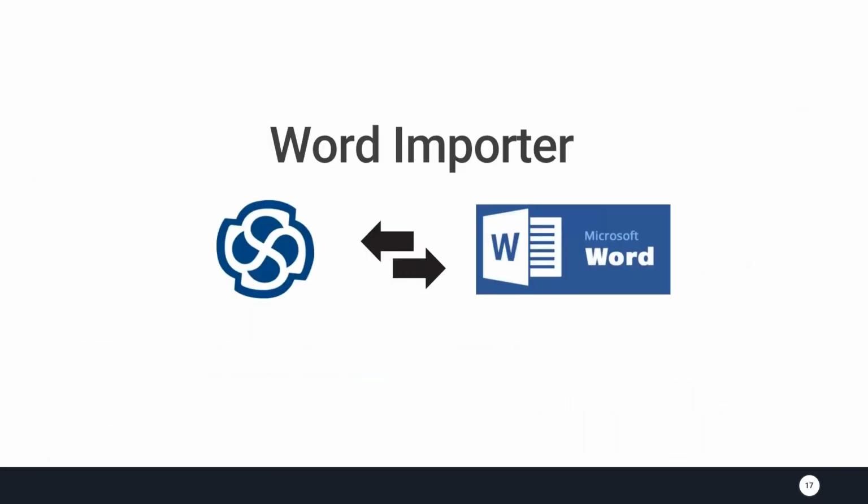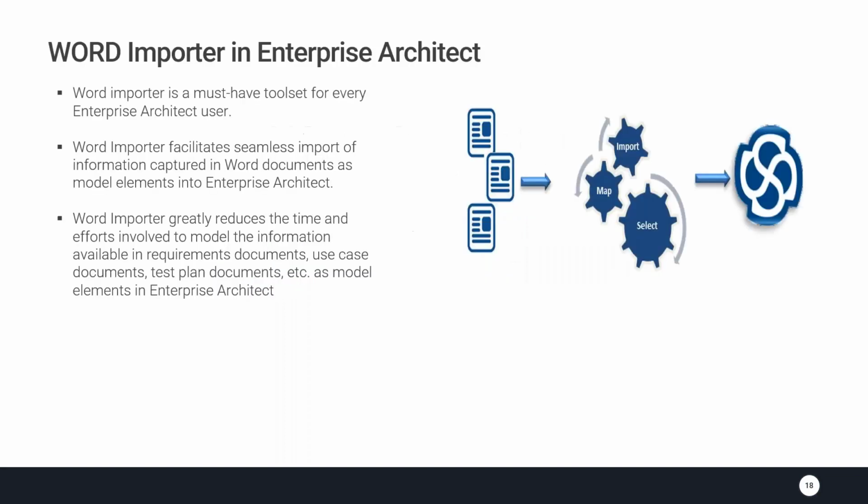That should be really useful information for the audience, I believe. Moving on, the next part of the session is another powerful feature of the MDG integration tool. It's the Word importer, where users can load data simply into EA from a Word document with a reusable profile configuration.